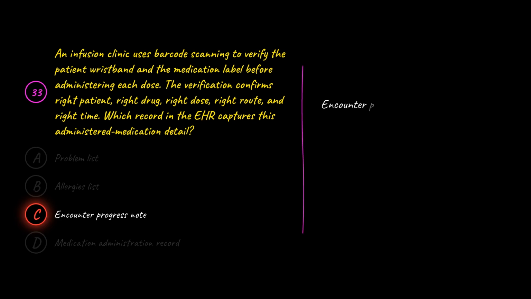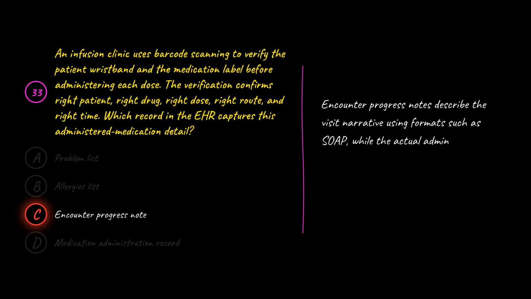C is wrong because encounter progress notes describe the visit narrative using formats such as SOAP, while the actual administration of each medication dose is documented separately in the medication administration record.